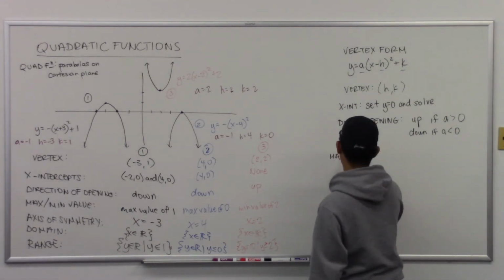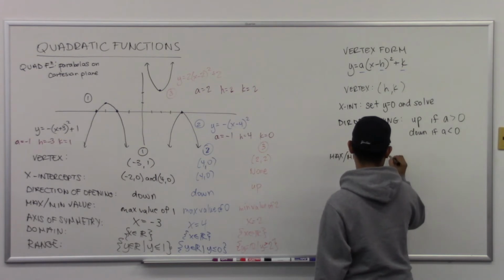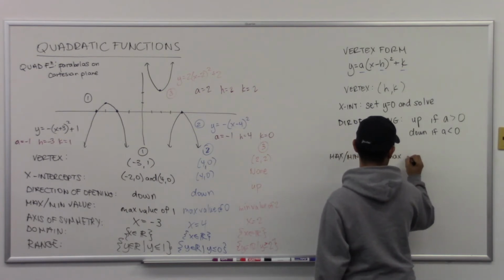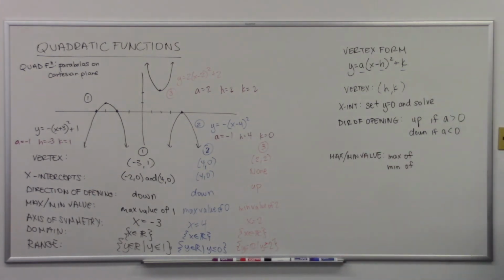What does it look like the max or the min value is? Where do you find your max or your min value?